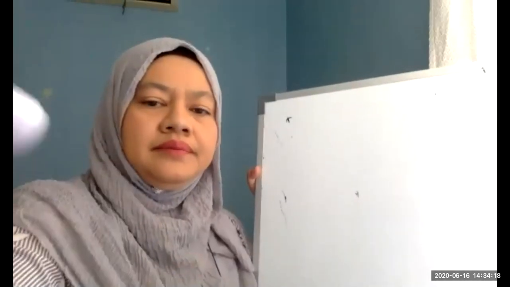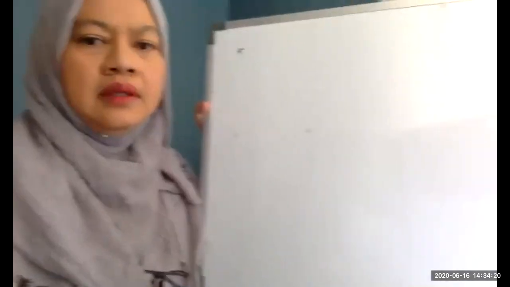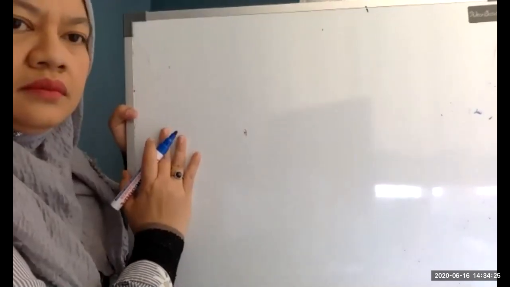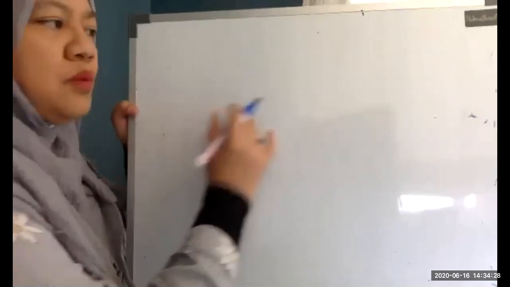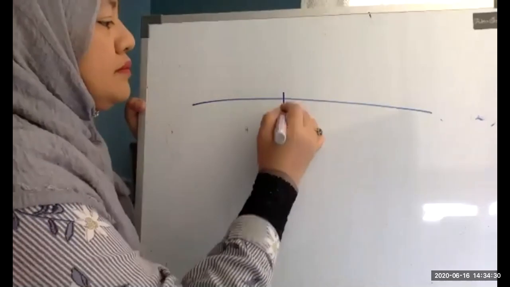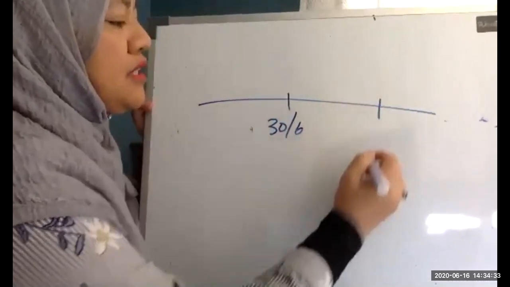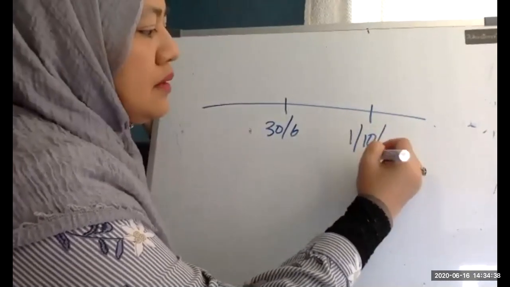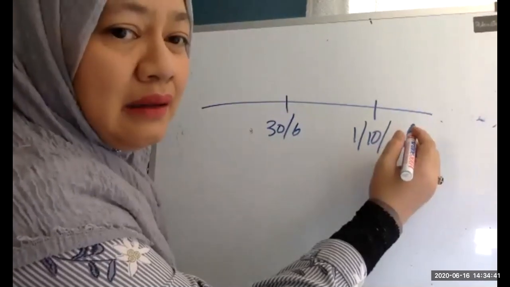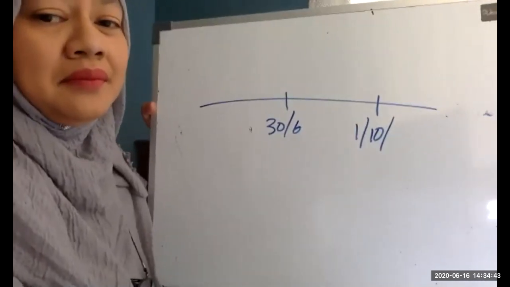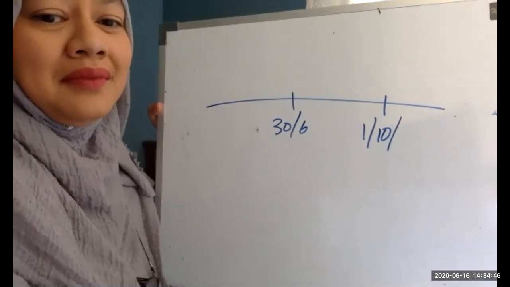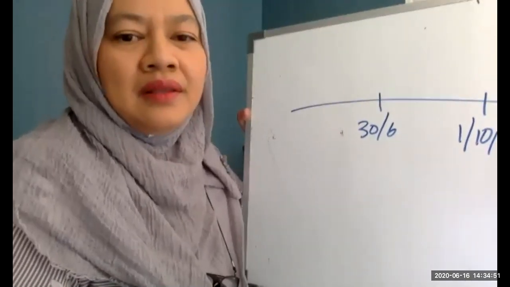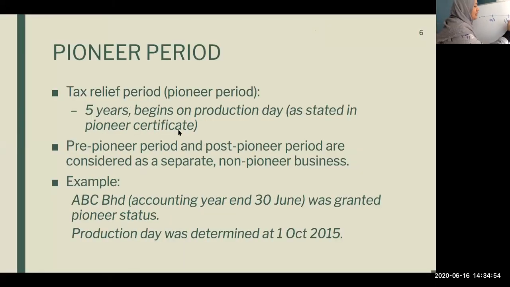Okay, if you look here, what was the year end just now? 30th of June. And when is your production day? 1st October. Which year? It doesn't mention, is it? I don't remember, sorry. Hold on, let me see the screen again. Okay, 2015.